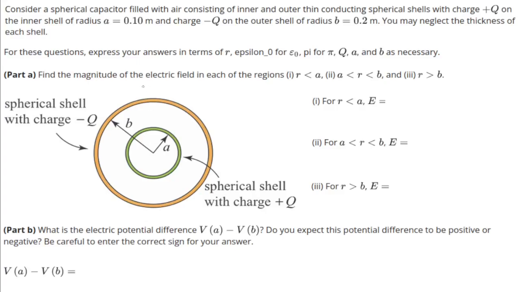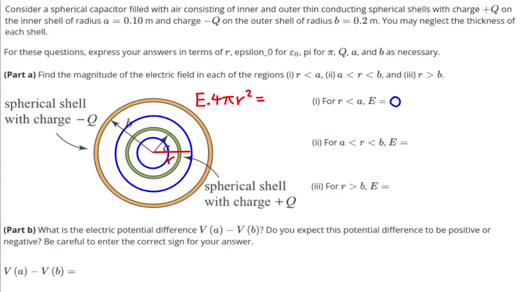So here we construct spherical Gaussian surfaces. So we see the enclosed charge in this Gaussian surface is 0 for r less than a, so the electric field is 0. And between r equals a and b, we have a Gaussian surface of radius r. So the electric flux through this surface is the electric field by the surface area, which is 4 pi r squared, and that's equal to the enclosed charge on a permittivity of free space.